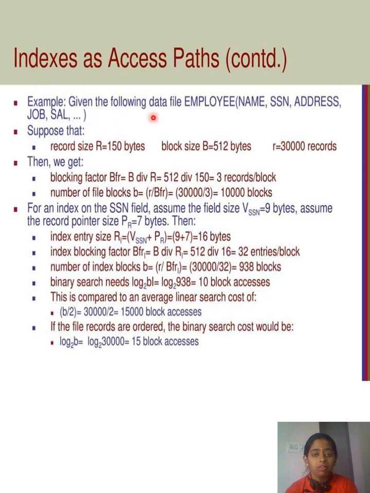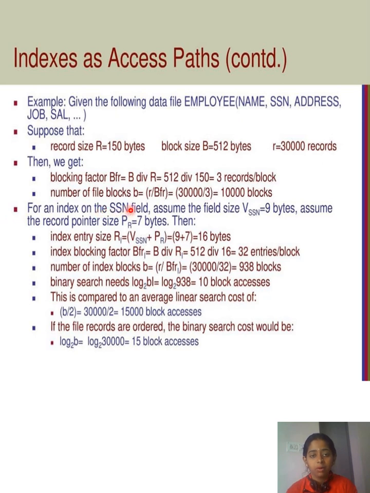Example, given the following data file, employee, it has name, SSN, address, job, salary and so on. Suppose that record size R equal to 150 bytes, block size B equal to 512 bytes and r equal to 30,000 records, then we get blocking factor, that is BFR equal to B div R equal to 512 div 150 equal to 3 records per block.